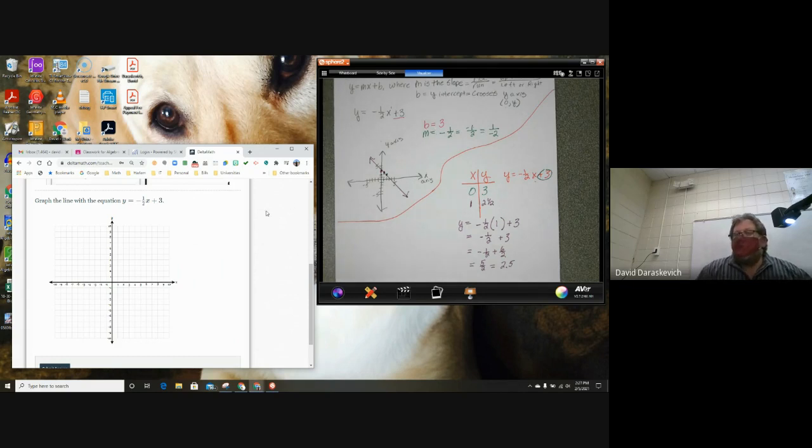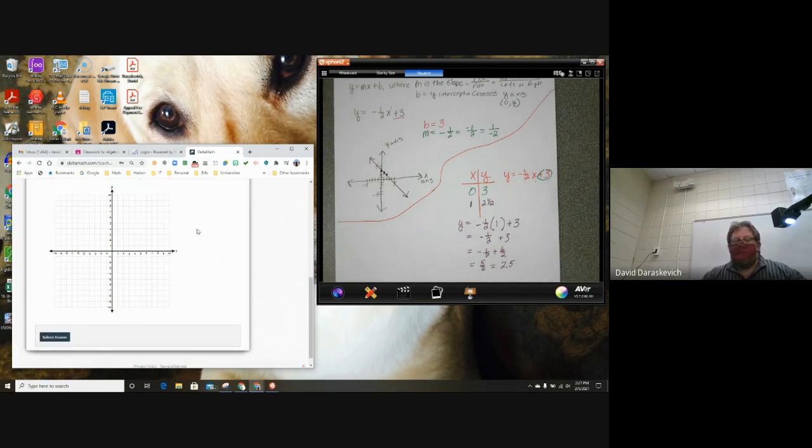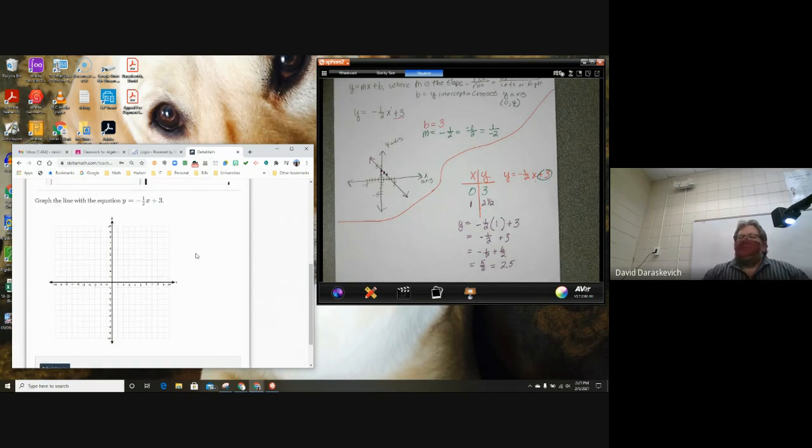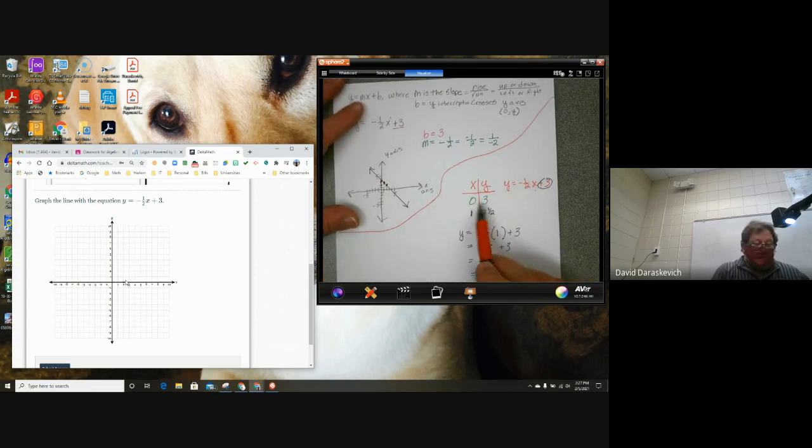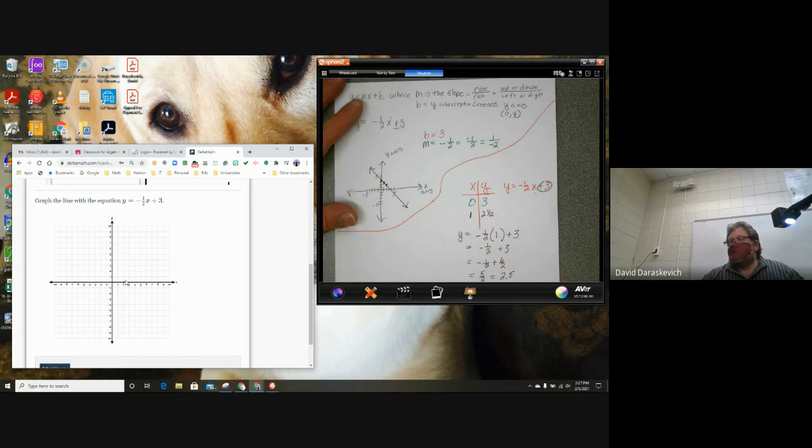So I'm going to go ahead and show you guys how to do this on Delta Math so that you know how to do it yourself. And this may even be one of your problems. I don't know. So I need to plot 2 points. I know that 0, 3 is the y-intercept. So 0, 3, that's where it crosses my y-axis.